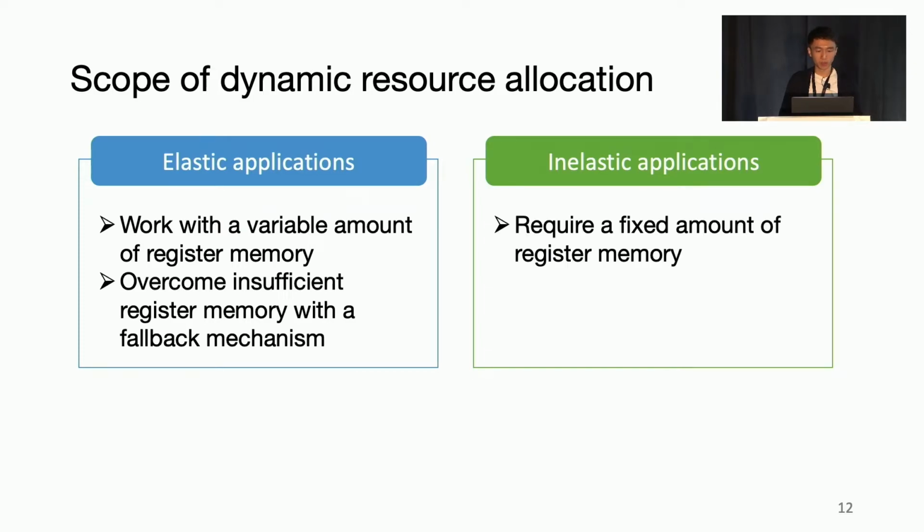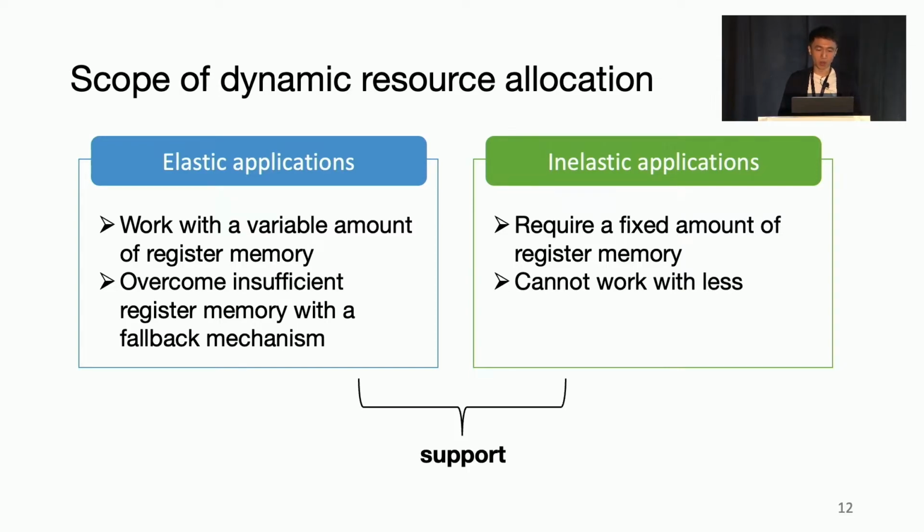One example is NetCache. And inelastic applications require a fixed amount of register memory. They cannot work with less. NetVRM supports both types, but only elastic applications can benefit from NetVRM's dynamic memory allocation.